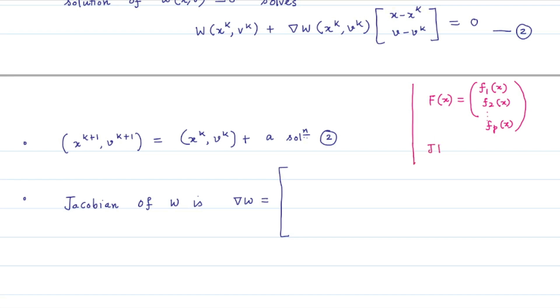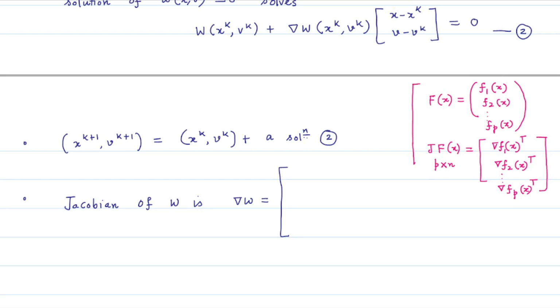We know its Jacobian is given by the matrix grad f1(x) transpose as the first row, grad f2(x) transpose as the second row, and grad fp(x) transpose as the pth row. This Jacobian matrix is a matrix of order p by n when x is an n-dimensional vector. That means if you consider x in Rn, then for this function capital F, we have the Jacobian, a matrix of order p by n.